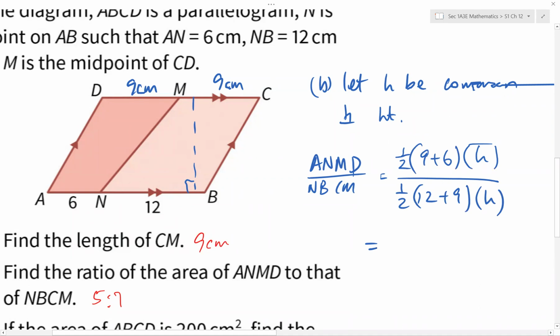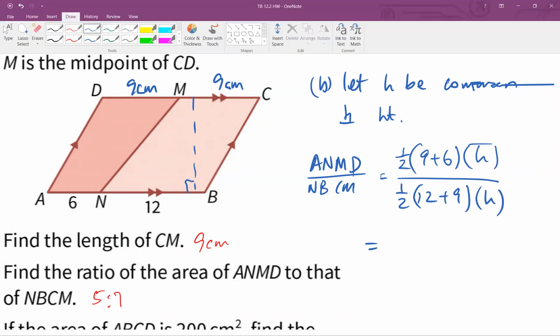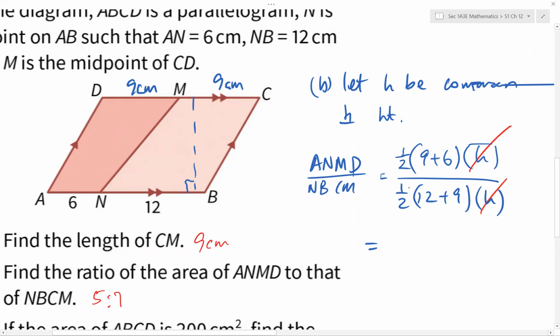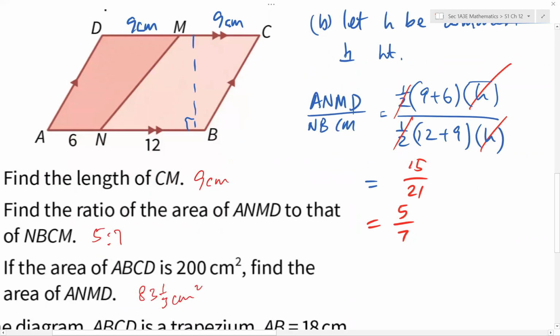So doing this will result in the same answer. But here we can see clearly that we're just going to cancel away all these things, leaving us with 15 over 21, which is our 5 over 7. So since ANMD to NBCM is 5 over 7, our final answer, ANMD to NBCM is 5 to 7.